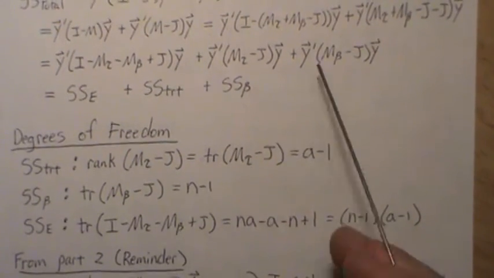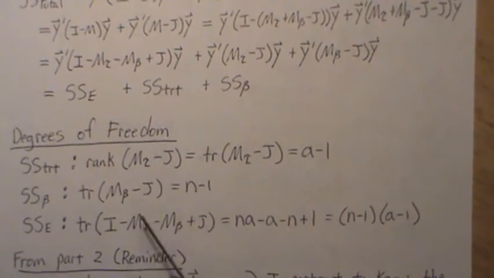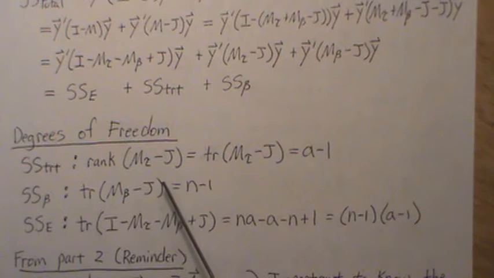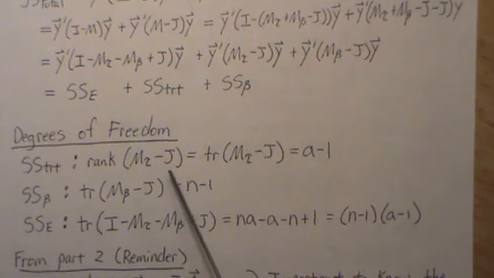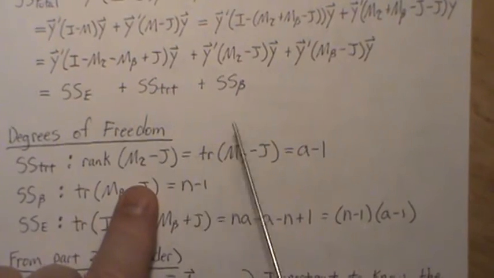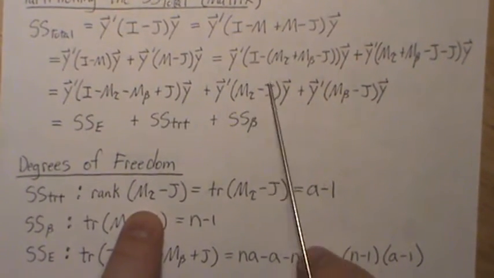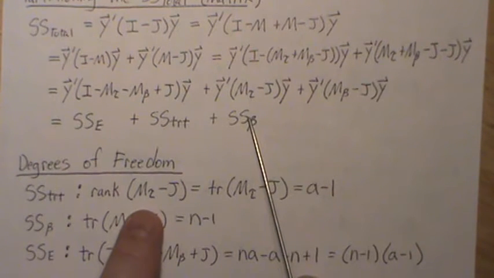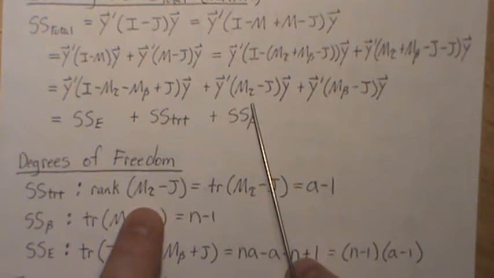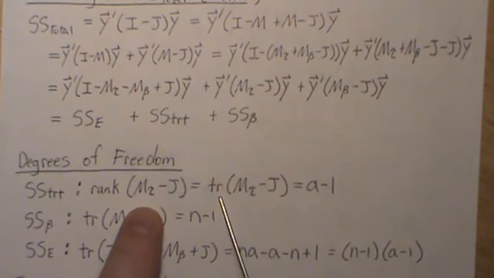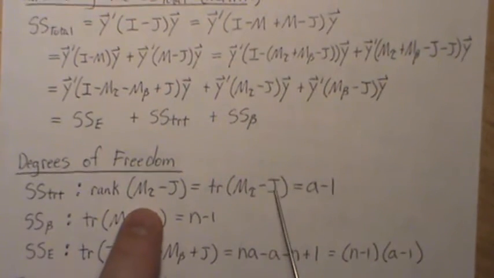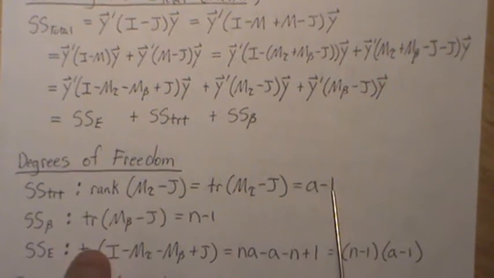Now the degrees of freedom associated with each of these sums of squares is the rank of that matrix that's in quadratic form. If we look at the rank, this is a perpendicular projection matrix that we determined in a previous video in this mini series. So it's the trace. The trace of this is a, and the trace of that is 1, so it's a minus 1.